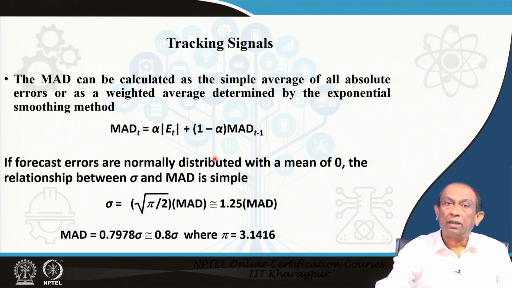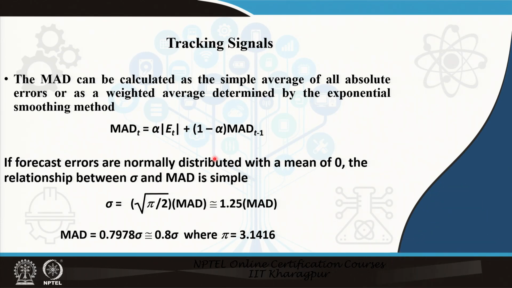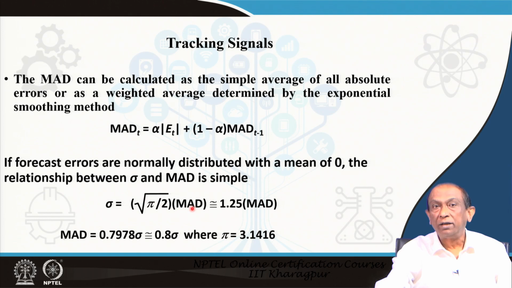And if we assume that the forecast errors are normally distributed with a mean of 0, the relationship between the standard deviation of forecast errors and mean absolute deviation is very simple, given by this expression sigma equals root over pi by 2 into MAD, which is equal to 1.25 into MAD.